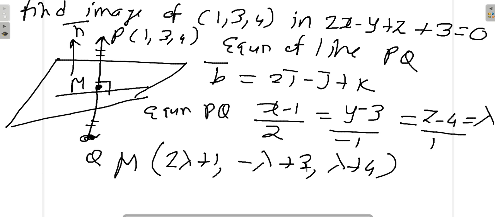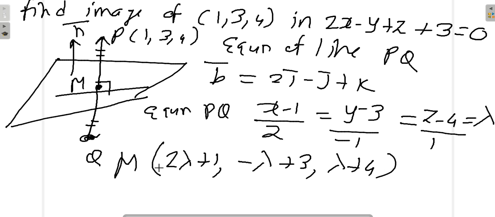Now, as this point M lies on the plane, we can put x equal to 2 lambda plus 1, y equal to minus lambda plus 3, z equal to lambda plus 4, and we can get the value of lambda.